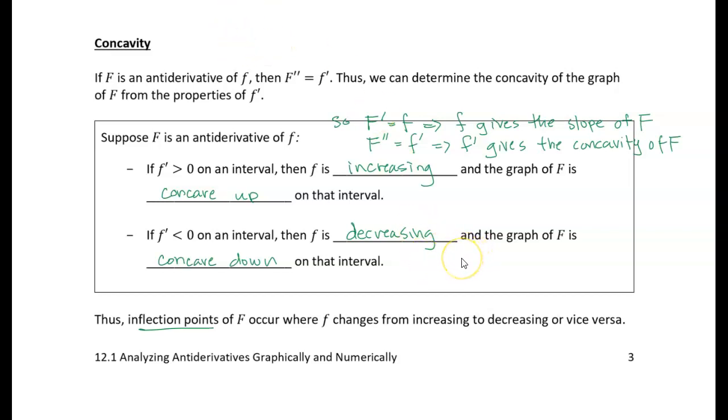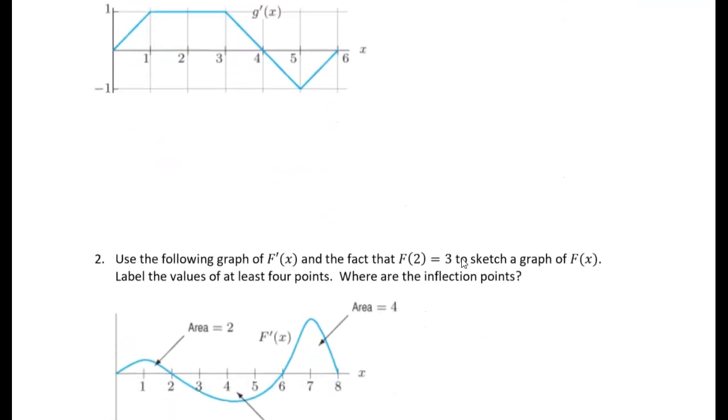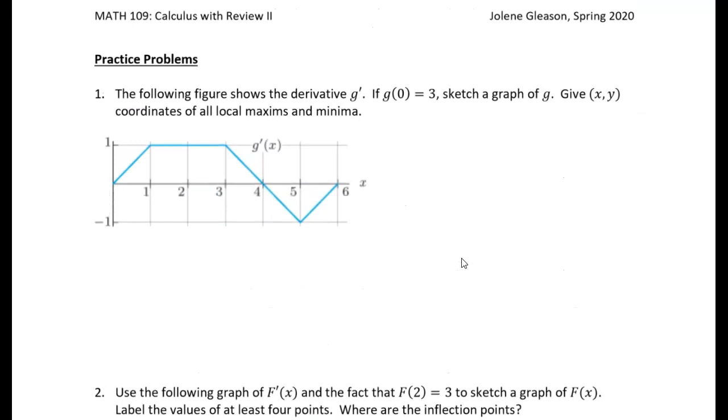All right, so I have some practice problems here. I think there's just 2. They're very similar to what's on the homework and some of the problems we just did. And so I want you to try those. The answers will be on Canvas.